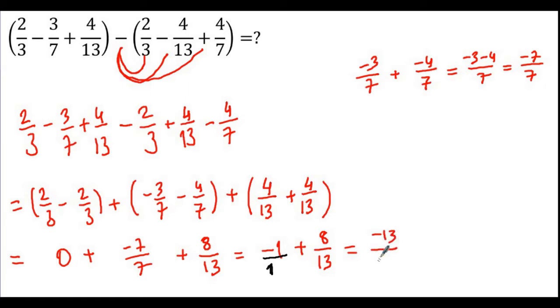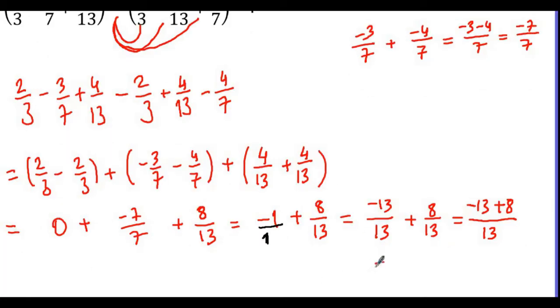Negative 13 over 13 plus 8 over 13. So I got the denominators equal. Now I'm going to add the numerators. Negative 13 plus 8 over 13. So the result is going to be negative 13 plus 8 is negative 5. Negative 5 over 13 is going to be our answer.